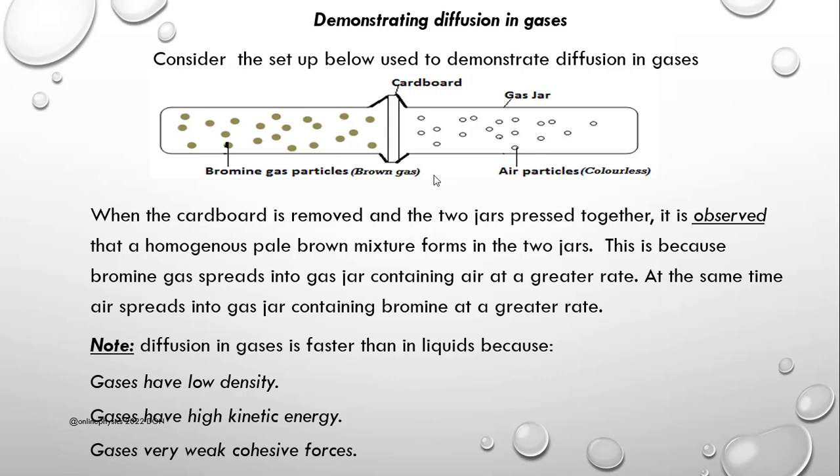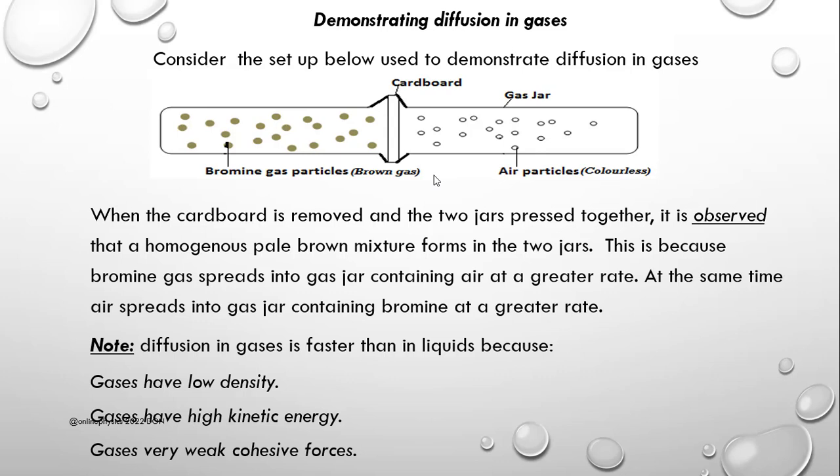At the same time, air spreads into the gas jar containing bromine at a greater rate. So the two gases are diffusing into the regions where they have a lower concentration. Air is moving into the bromine, and bromine is diffusing into the part where we have air particles.